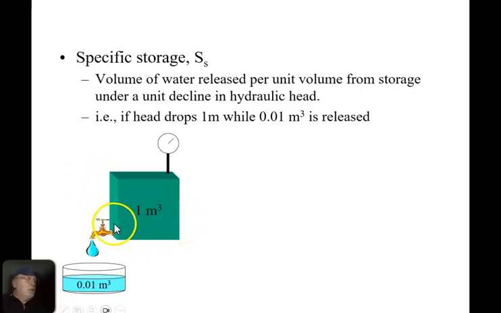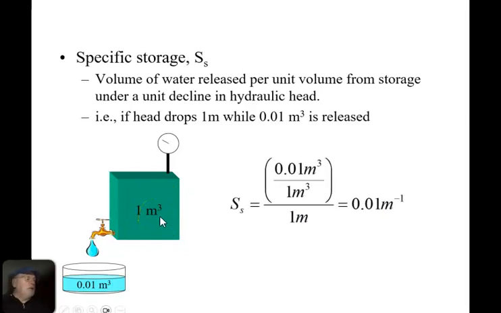I just open this up and let as much come out as will, when I drop the head by 1 meter. So did you see my little gauge there? The head drops, the pressure drops by 1 meter. It's still full of water.